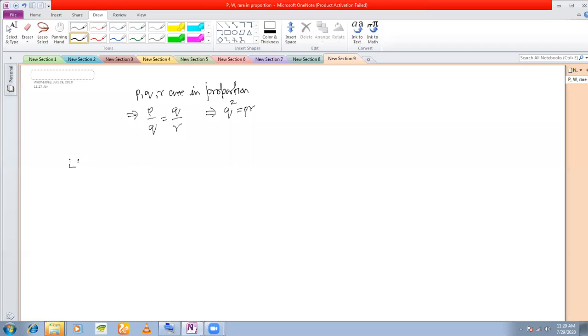Start from the left hand side. Left hand side is equal to P square minus 3Q square plus R square. So instead of Q square, you substitute the value. What is the value of Q square? PR. Plus R square. So you get P square minus 3PR plus R square.